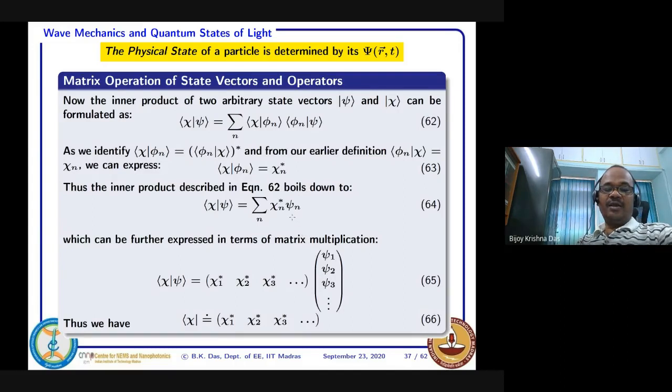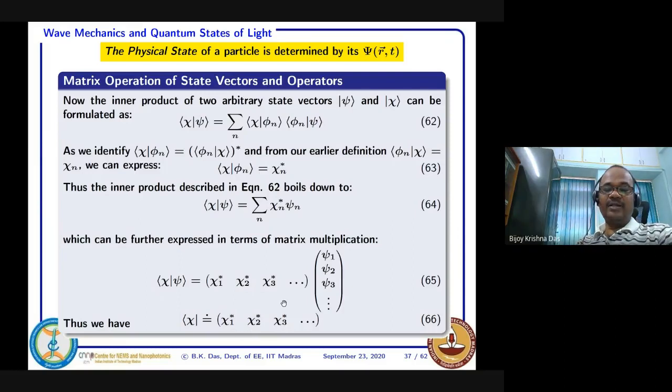Okay, in this case, whenever we are taking the bra vector of chi, that represents chi 1 star, chi 2 star, chi 3 star. That means the complex conjugate of each projection vector.